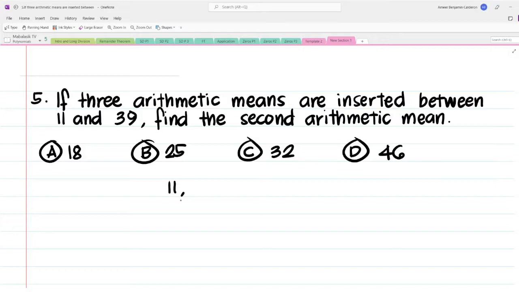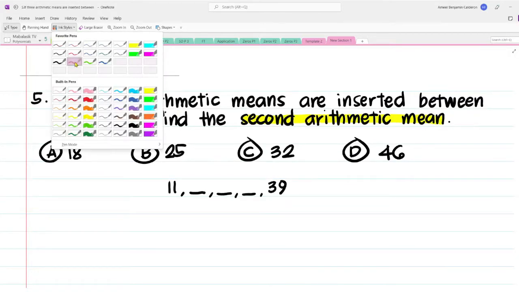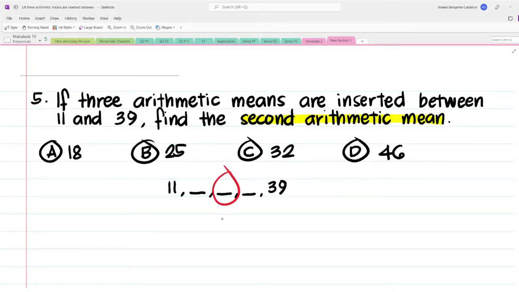So we have 11, 1, 2, 3, and then we have 39. We are looking for the second arithmetic mean. Yung pangalawa. Nasaan yung pangalawa? E di ito. So yan yung hinahanap natin.